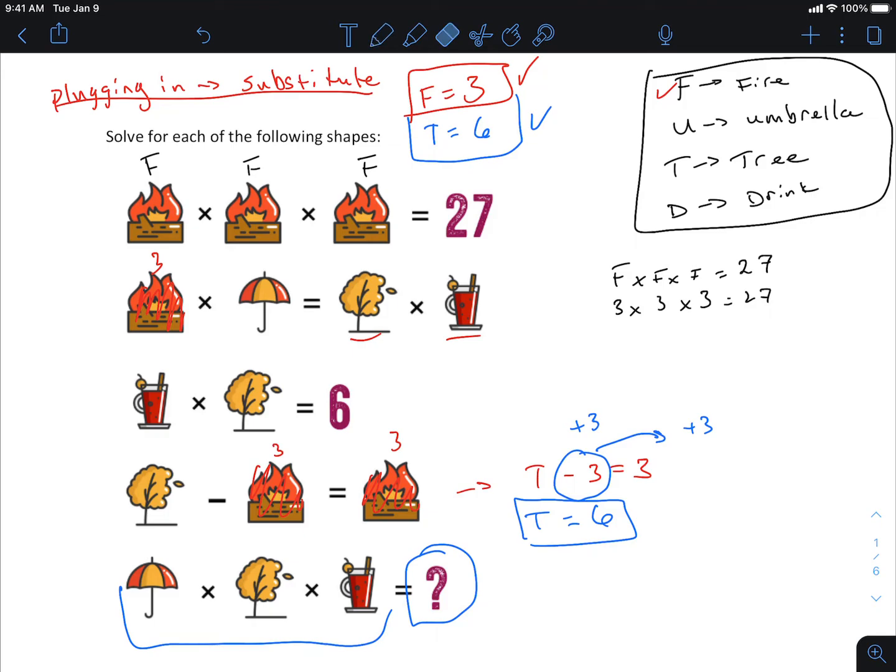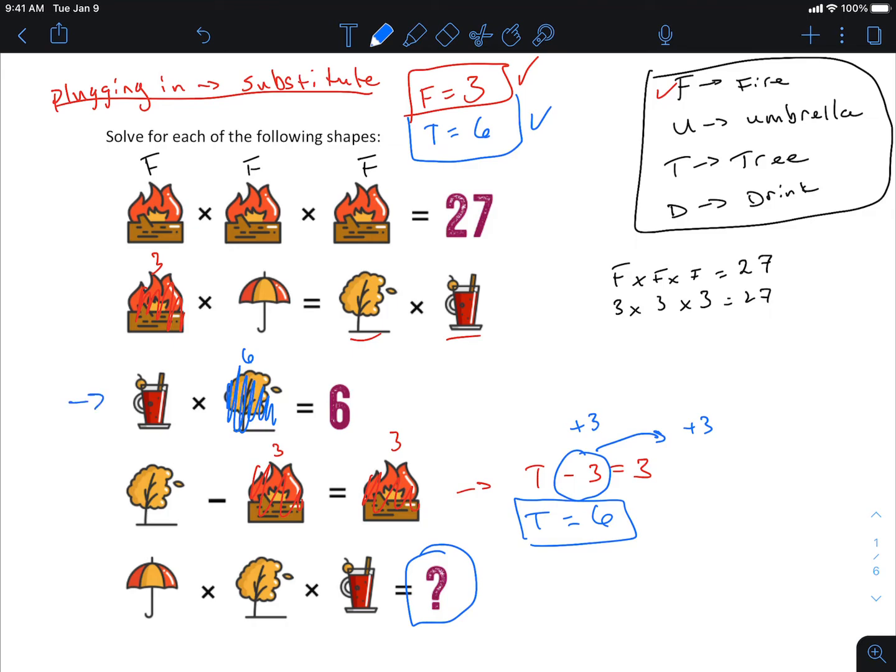3, 6, 7. Right. So if I take the newfound knowledge that the tree is 6, I can find the tree there. It's 6, right? So now I'm going to substitute the fact that the tree is 6, and I get a new equation in this middle one.